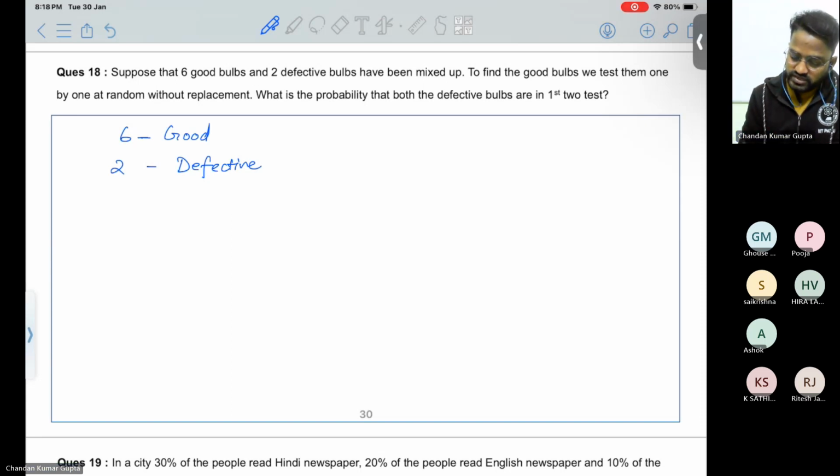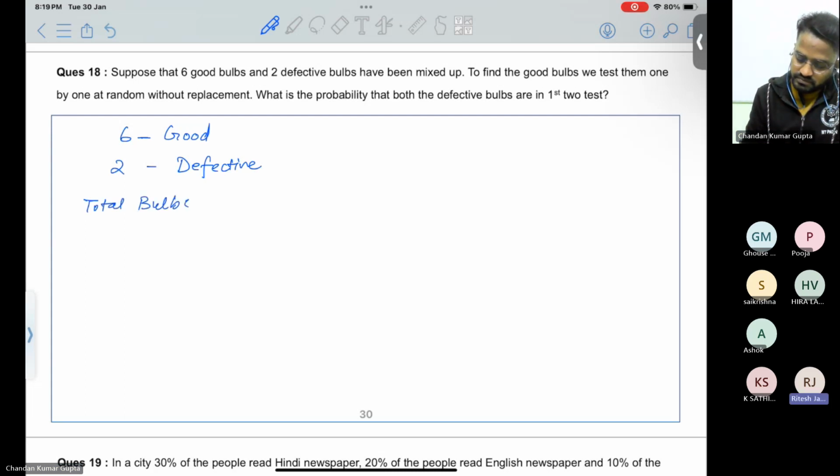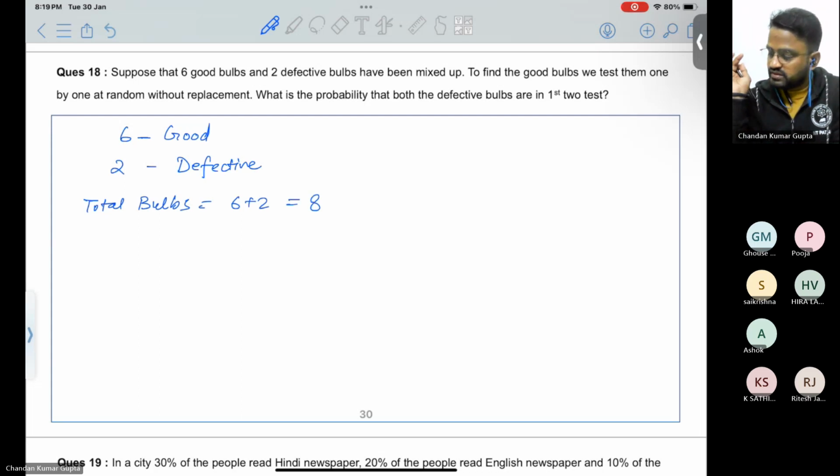We have total bulbs. How many bulbs are there? That equals 8.